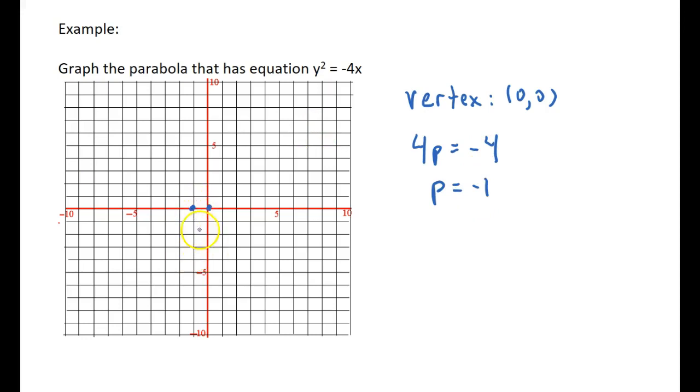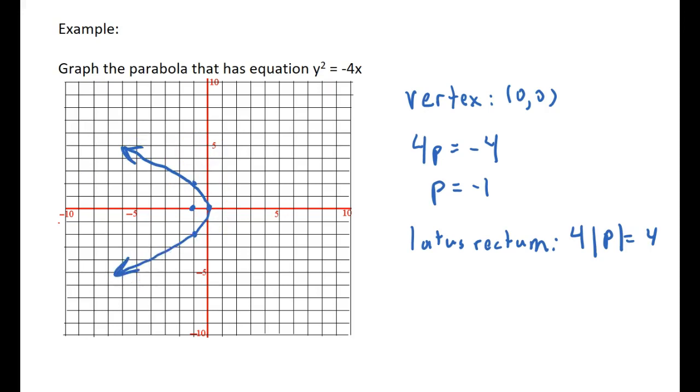The focus is always inside the parabola. Okay? Now, the latus rectum goes through the focus, and it is 4 times the absolute value of p, which is 4. So I'm going to go 1, 2 in that way, and 1, 2 in that way. And our parabola is going like that.